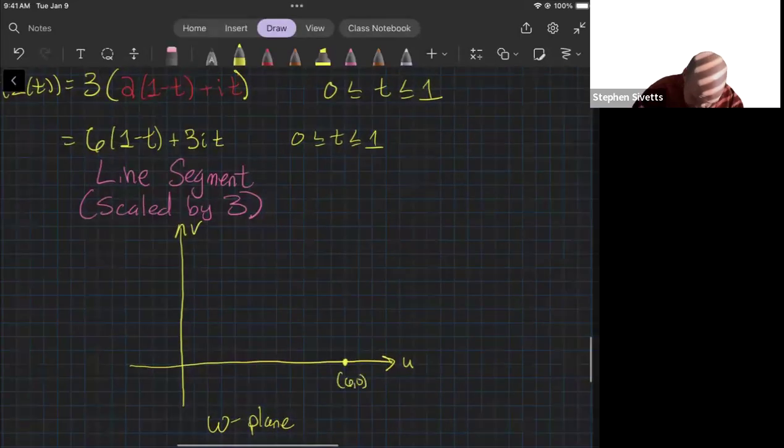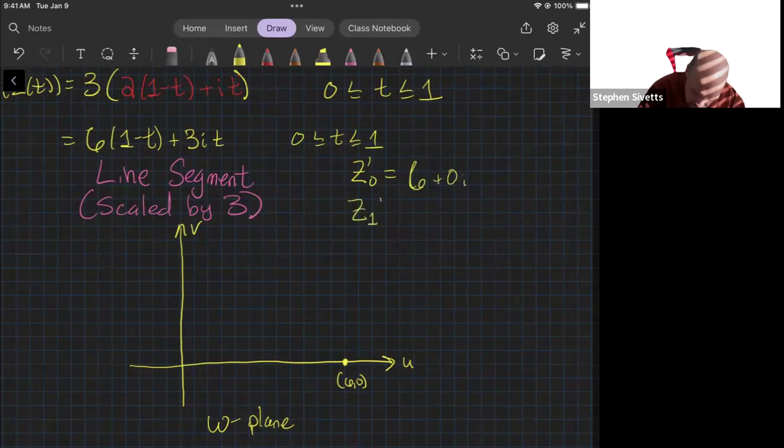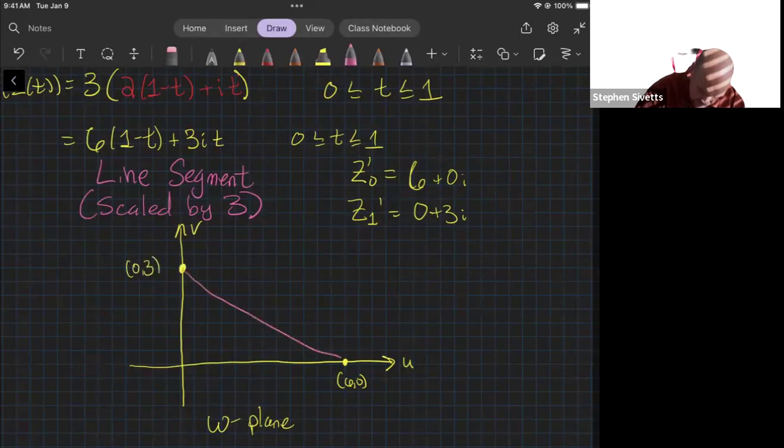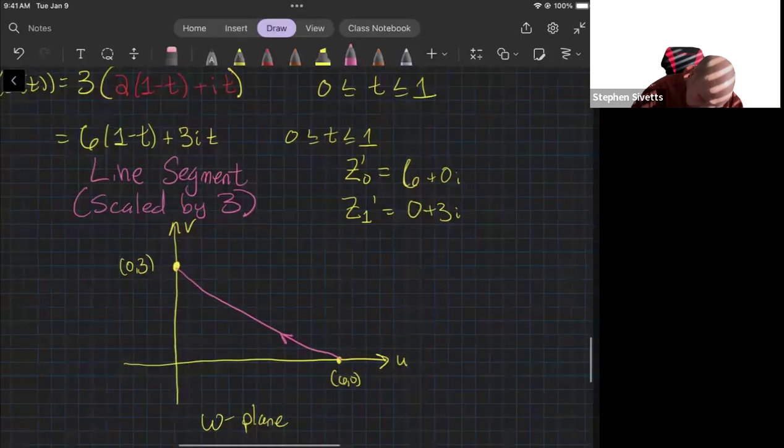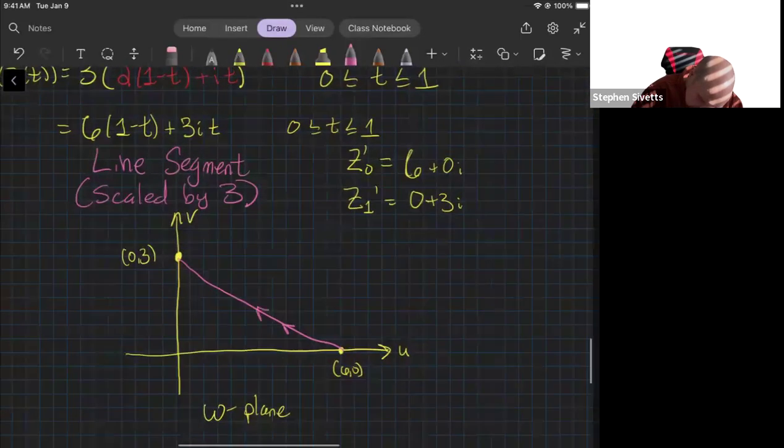So the new Z naught, I'll say Z naught prime, equals 6 plus 0I. Z1 prime, its image, is equal to 0 plus 3I. So we're going to have another point here, 0, 3. And this would be the image of S prime.